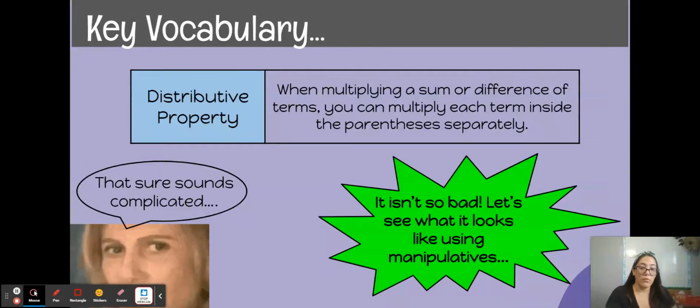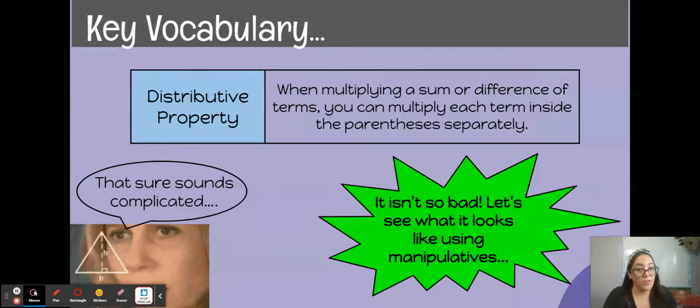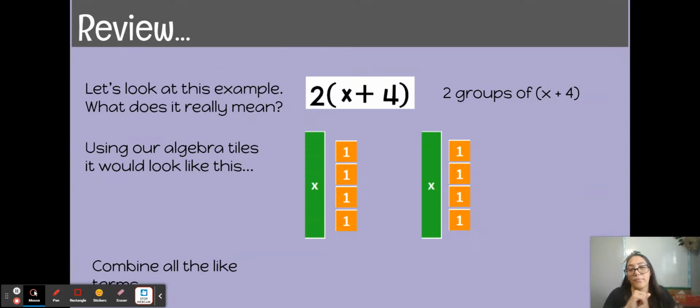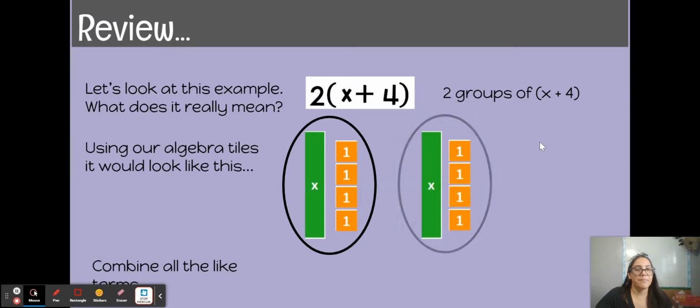So let me show you via algebra tiles what the distributive property really looks like. Suppose you have an expression 2 times the quantity of x plus 4. That's just saying you have 2 groups of x plus 4. So I have my algebra tiles here that you guys love so much. x plus 4 ones, and I made 2 groups of them.